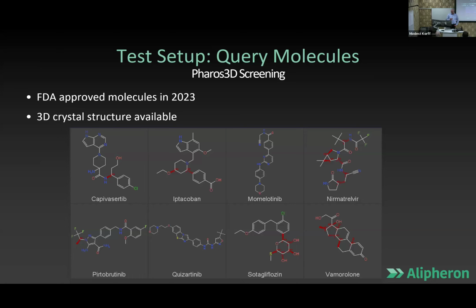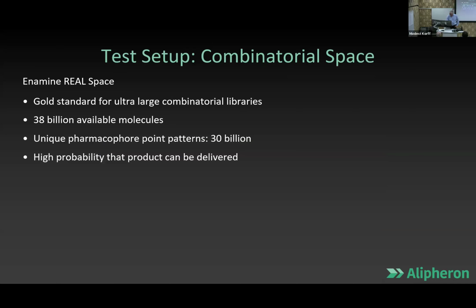Here, in 2023, I found 8 drugs where the 3D crystal structure was available: capivasertib, iptacopan, momelotinib, nirmatrelvir, pirtobrutinib, quizartinib, sotagliflozin, and vamorolone. And now we were searching analogues for these 8 molecules.